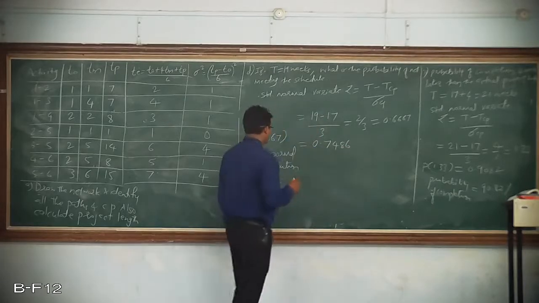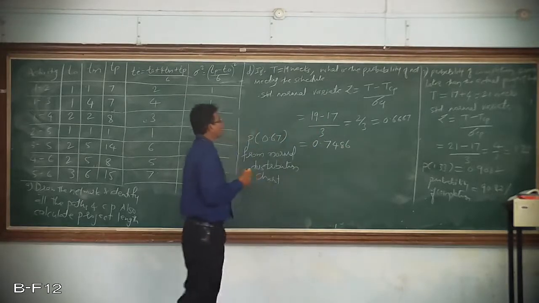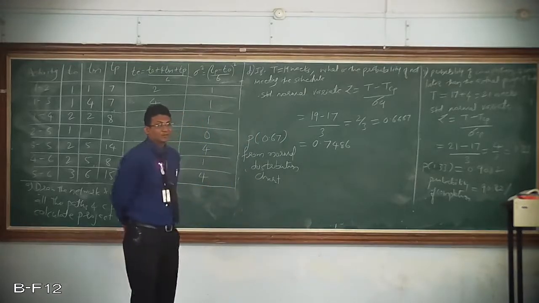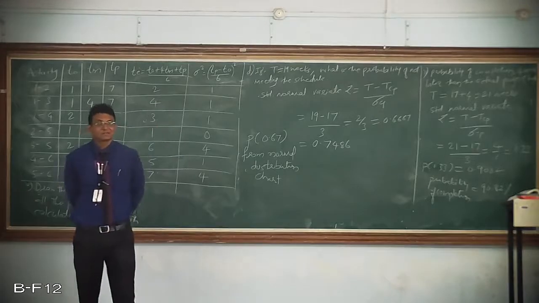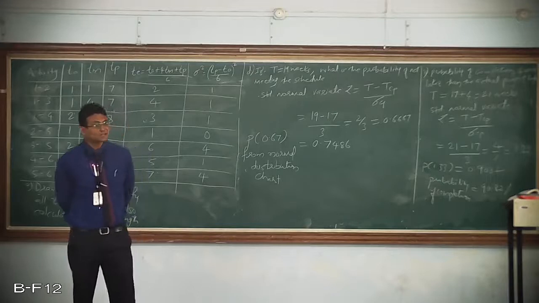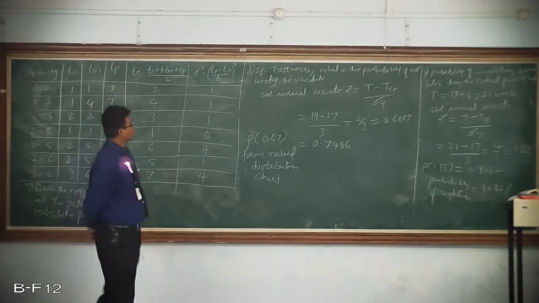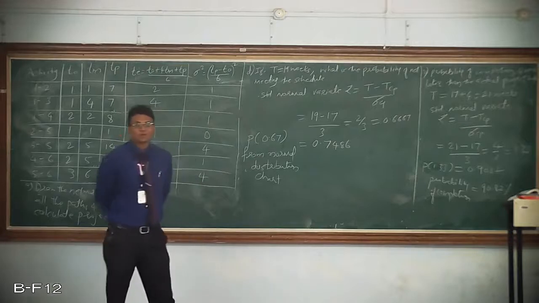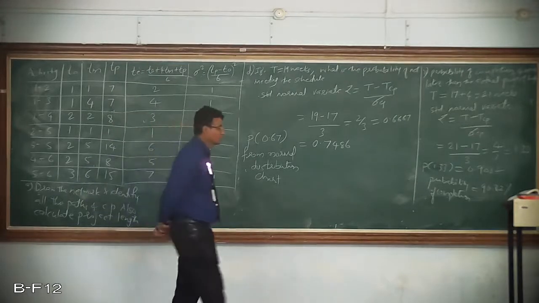Okay, but if you read the problem correctly, what they have asked is the probability of not meeting the schedule. It is not the probability of meeting the schedule, but not meeting the schedule. That means again I need to subtract this particular probability from 1, so that I'll get the probability of not meeting the given schedule.